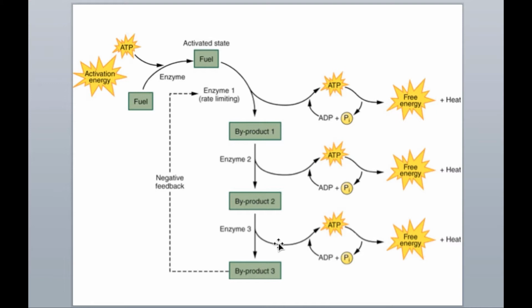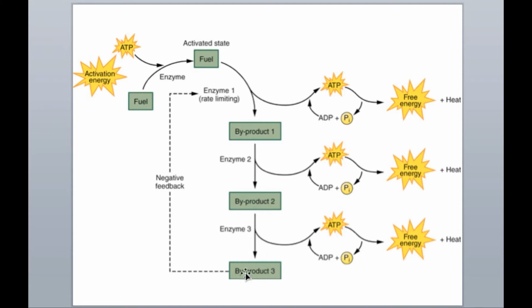Now, what I was talking about earlier about the negative feedback is that we have a product that we're trying to create. If we're creating a lot of it, that means this product is increasing. That feeds back to decrease the activity of this rate limiting enzyme.